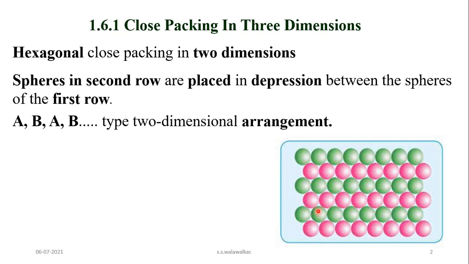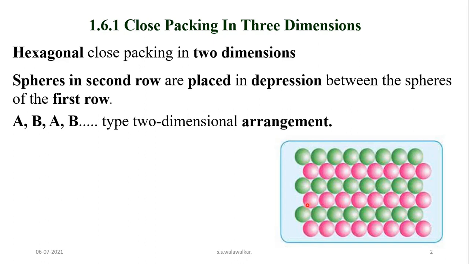Similarly, the sphere of the third row is placed in the depression of the second row, and in the same way the sphere of the fourth row is placed in the depression of the third row.